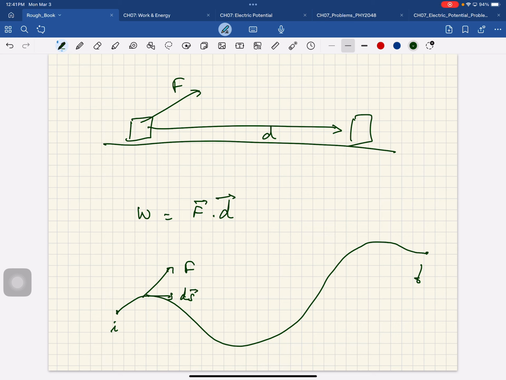You can break that trajectory into little chunks and calculate the work done in each little chunk. The force can vary and all that. And in this general case, the work done is this line integral.